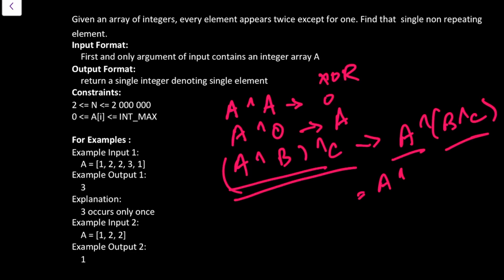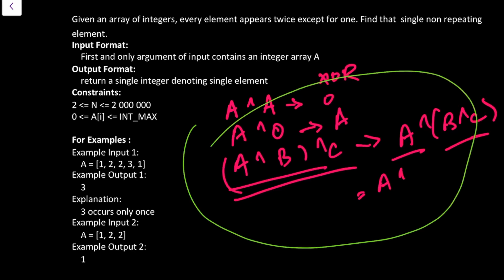XOR is associative. So these three things are the maximum required to solve this question. I hope now you can go and solve the question for yourself, right? This is what you need.